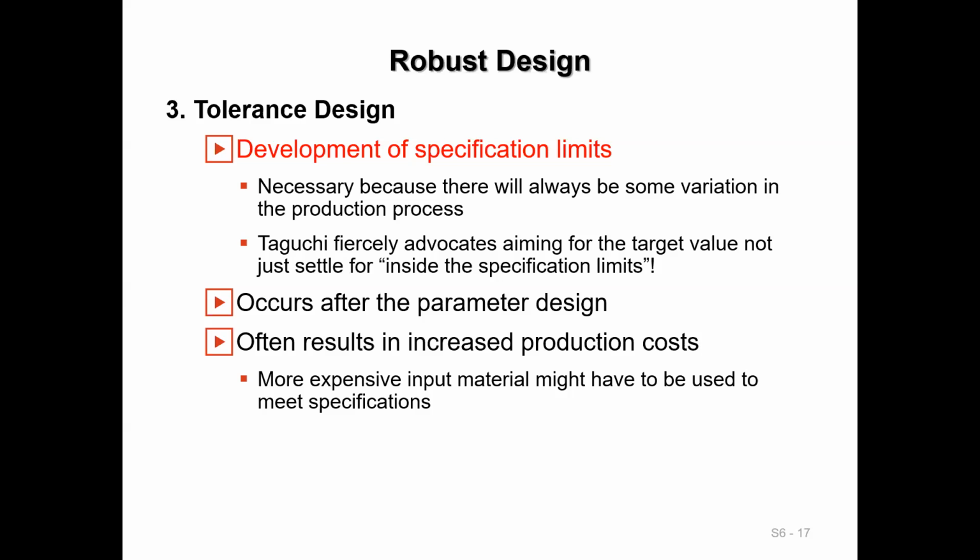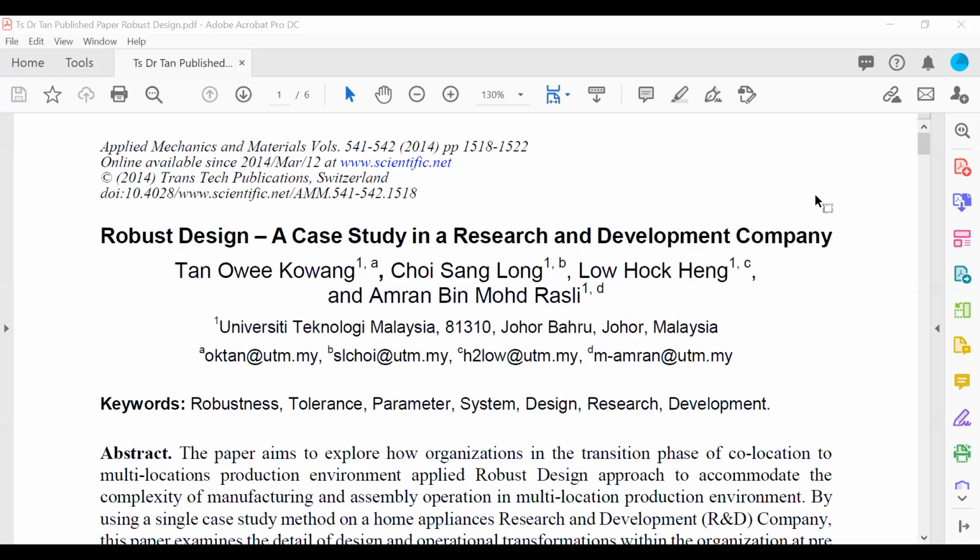Let us take a look at my paper before I look at the actual example. This is a paper that I wrote many years back, in 2014. Four of us from UTM, but only I am still here.